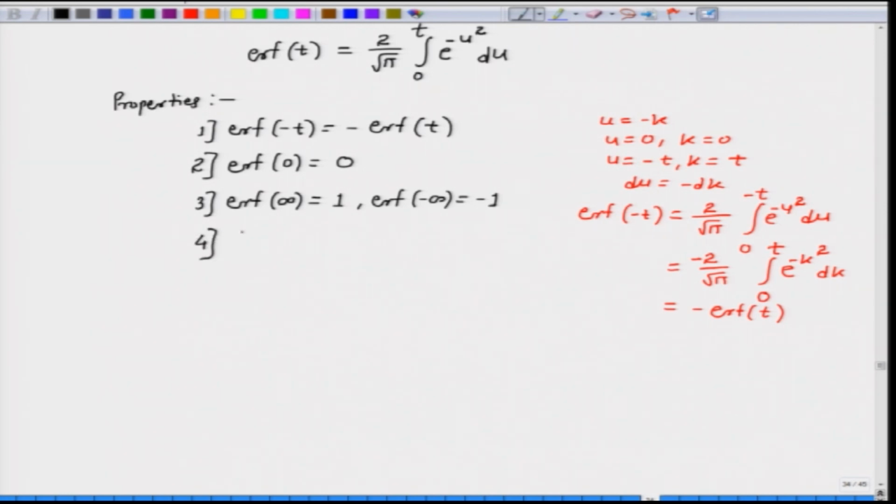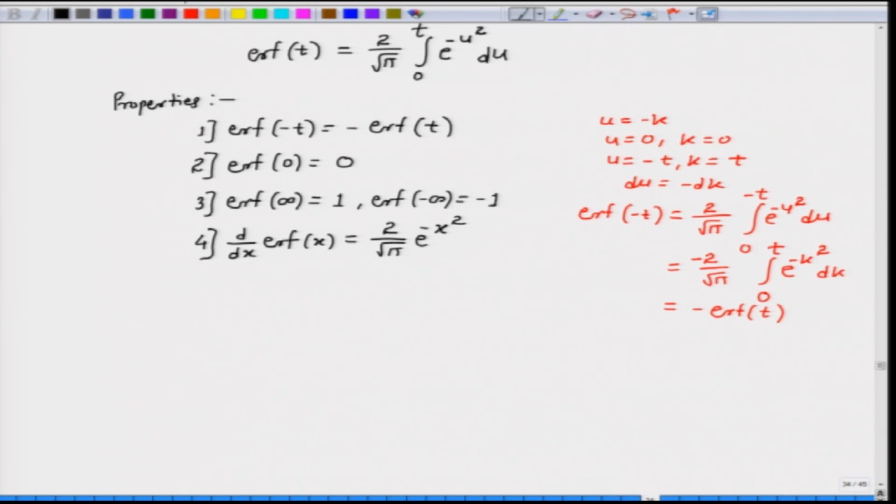And then the fourth, one of the important properties, is the derivative of the error function: d by dx of erf(x) should be equal to 2 over root pi e to the power minus x square. So, these are some of the properties of the error function.